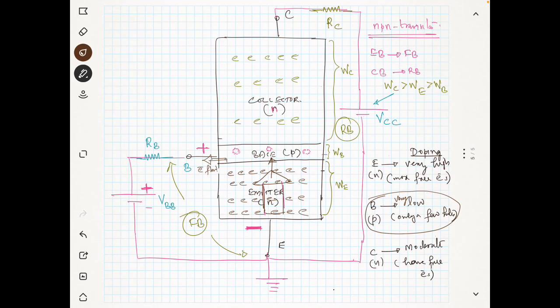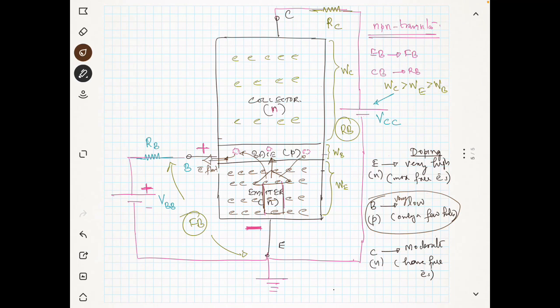It is because the doping concentration at the base is very small, so only a very few number of electrons will combine with these holes, and they will constitute a current.